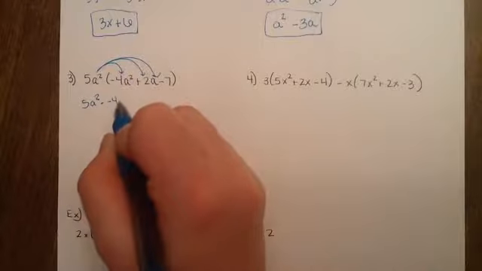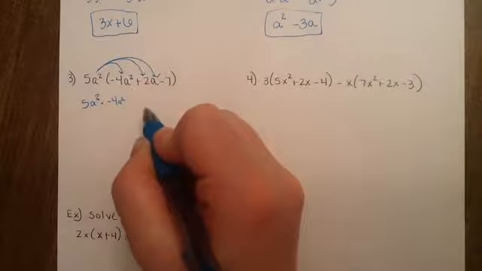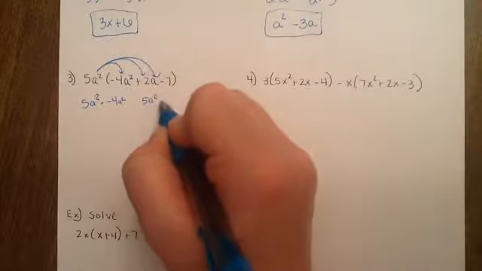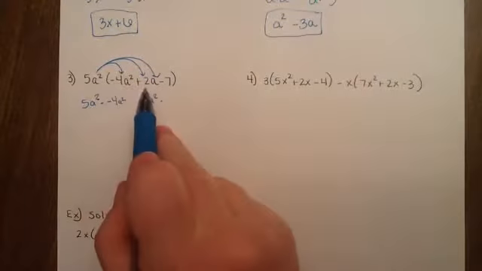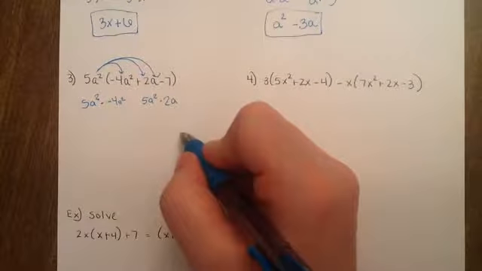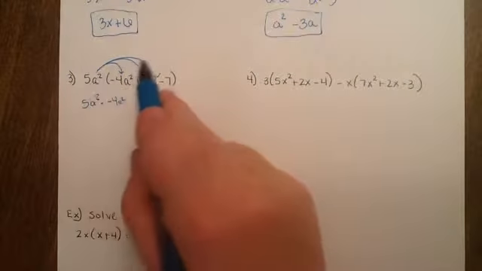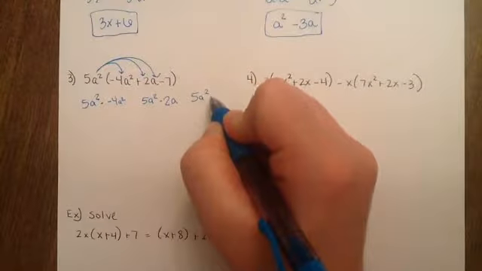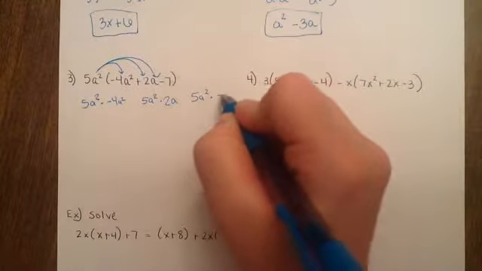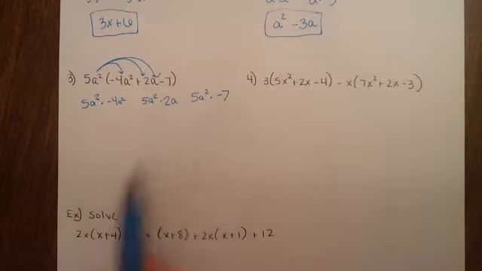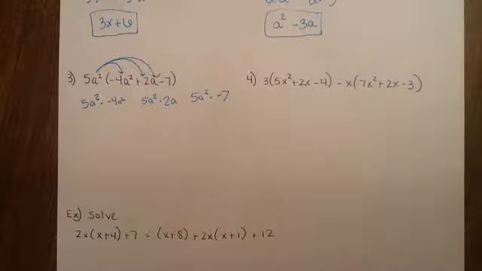Negative 4a squared. We're also going to have 5a squared times, what's the second piece? 2a. And what's the last thing we should have? 5a squared times negative 7. So if there are 3 pieces inside, I should have 3 pieces altogether.